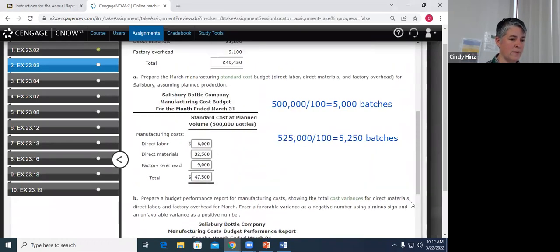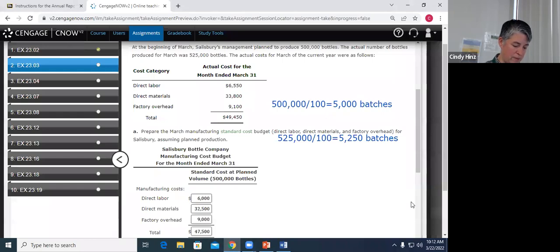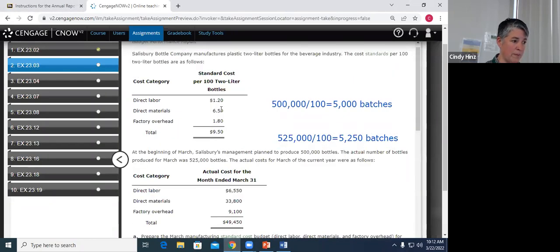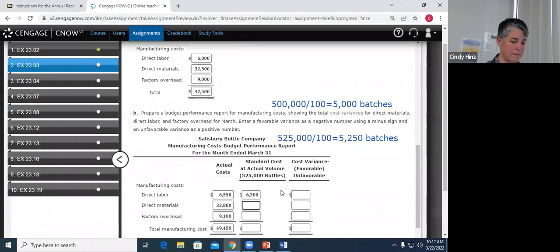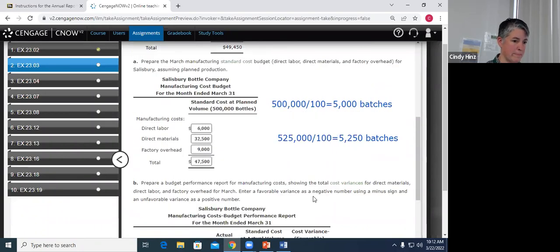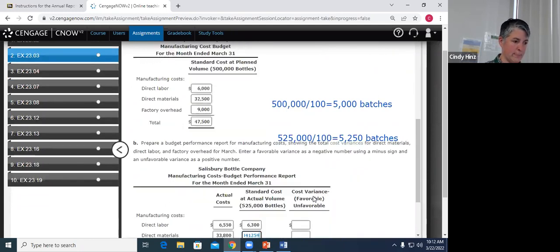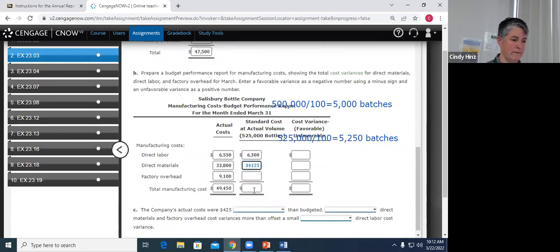Everyone okay with what you're doing? 5,250 batches at each one of those component standard costs for the batch. And then total those.